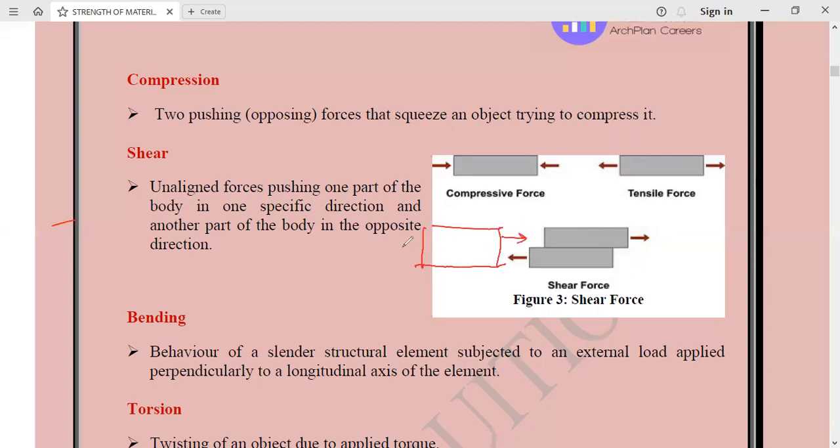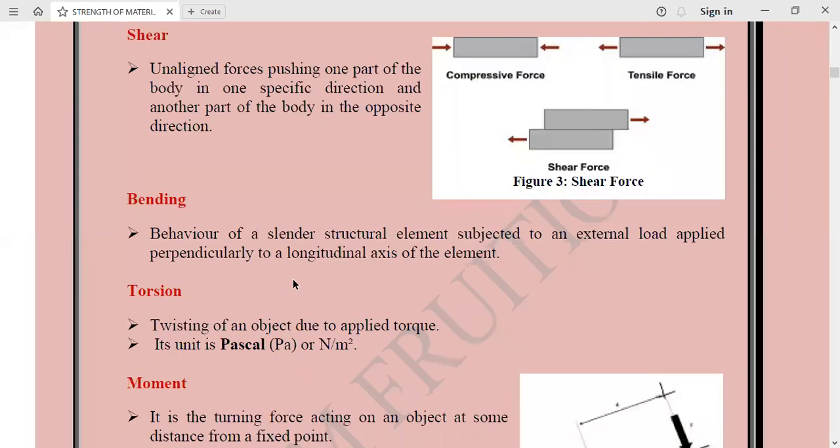You have applied two different forces, one in this direction, another in this direction, unaligned forces. Then what will it try to do? It will try to make one part of the body slide over the other part. This is known as shear force. So now you have understood shear force. We will move on to another force, that is bending.